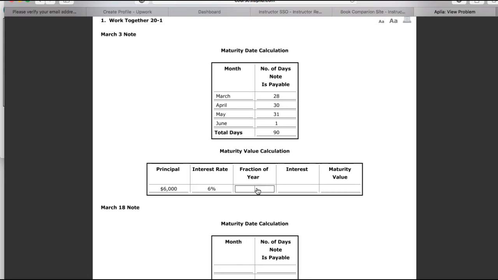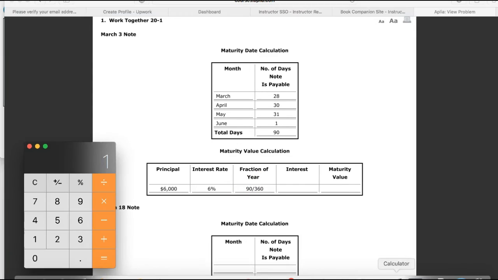Remember the fraction of the year: we're only doing it for 90 days, so we're going to do 90 divided by 360. Since I don't have a fancy calculator with the parentheses and everything, I'm going to do this first. So 90 divided by 360 gives us 0.25, and I'm going to multiply that times the principal, and then multiply it times 6%.